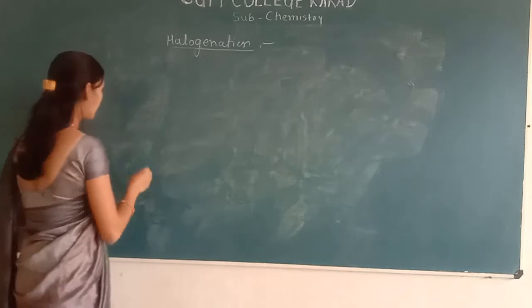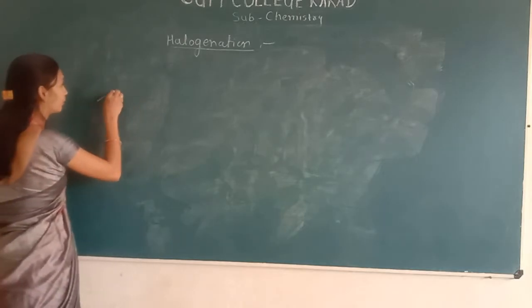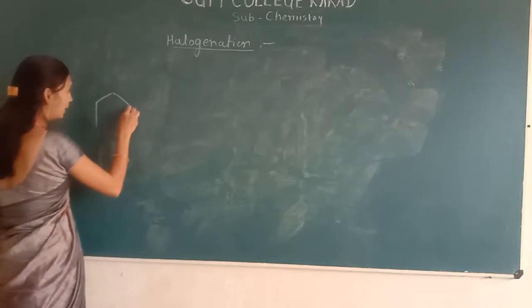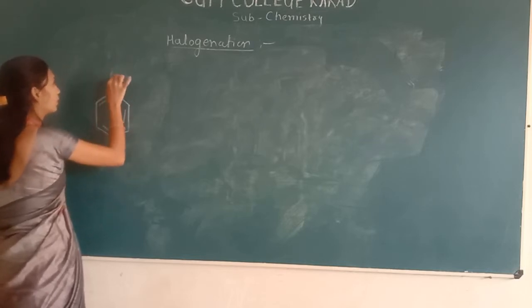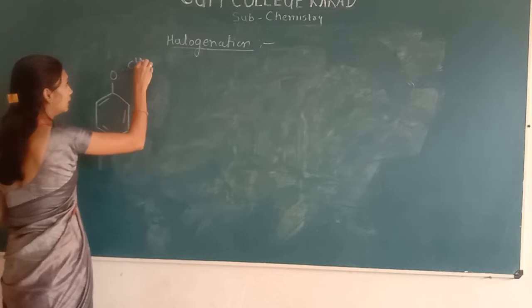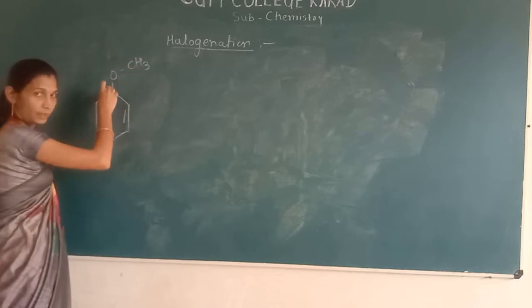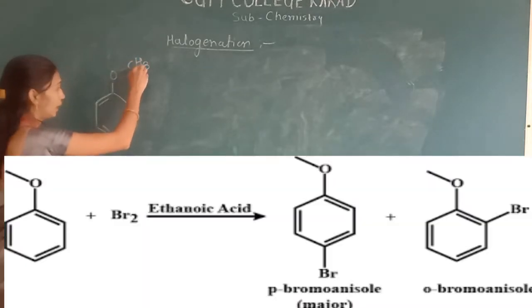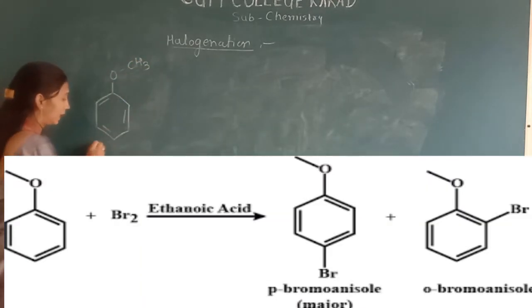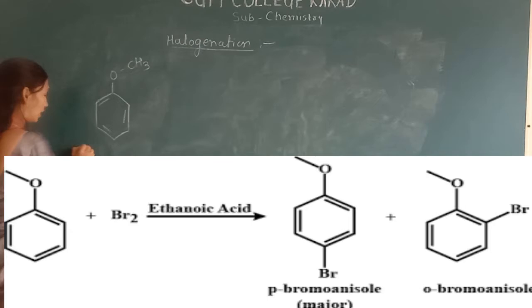If we draw the reaction, then you will understand. Here we are taking anisole, with CH3, and the benzene ring is present here, and our alkyl group, that means methyl, is attached to the anisole.